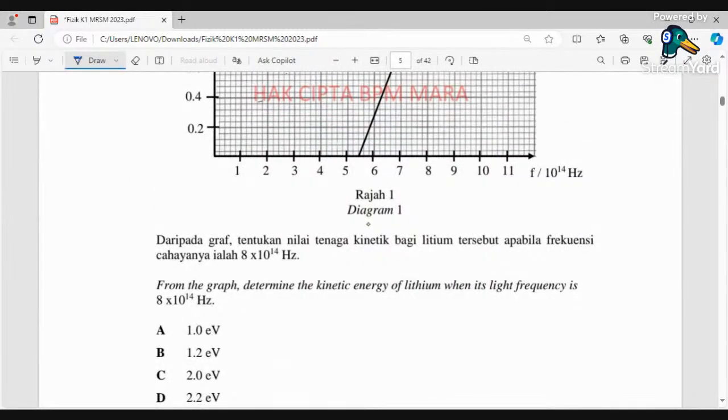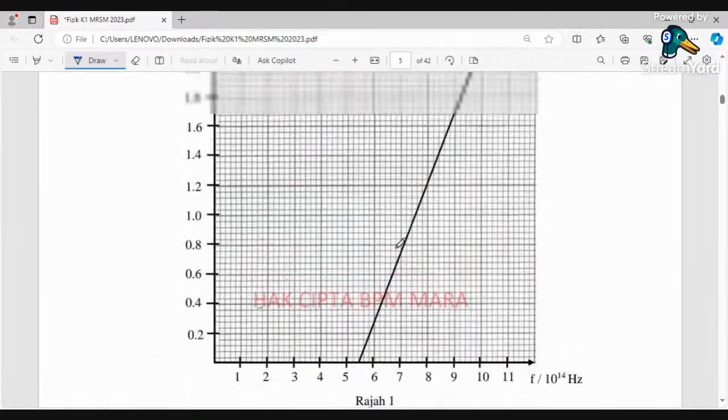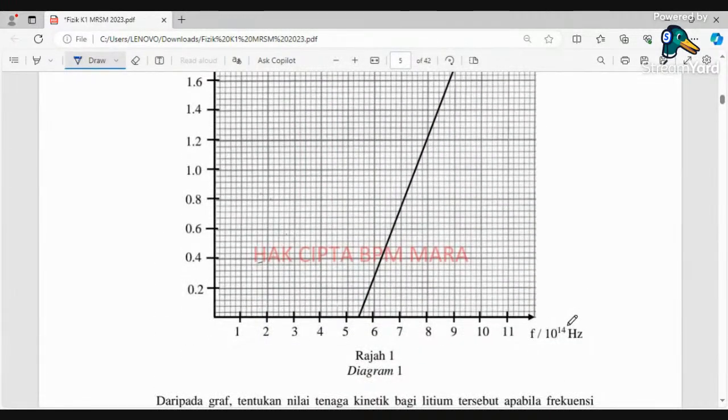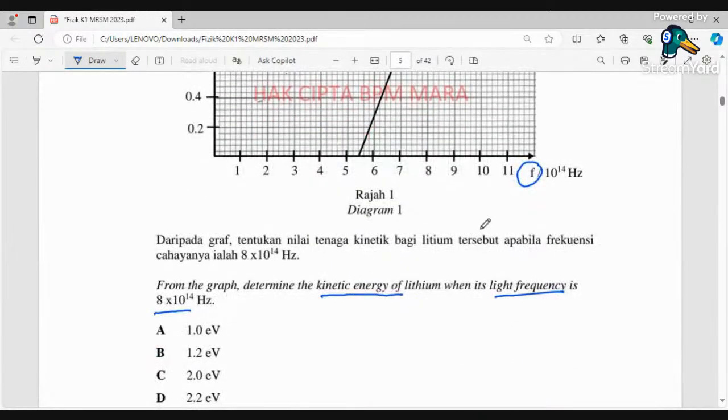From the graph, determine kinetic energy when light frequency is 8 times 10 power 14. So it means the graph is kinetic energy against frequency. Given frequency, you need to find the kinetic energy. It means this question is about graph interpolation.